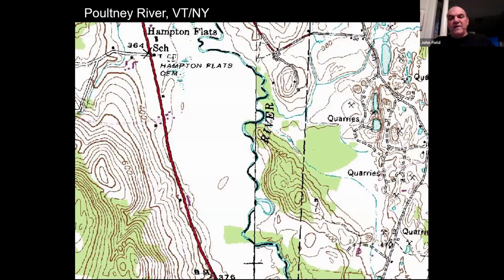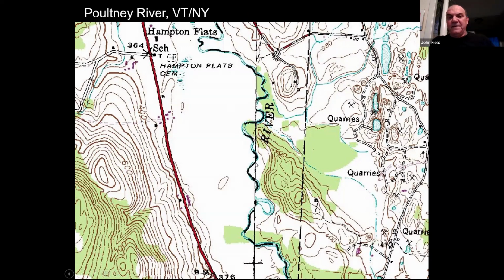Some rivers that were straightened have completely reformed their meanders, like the Pulteney River in Fairhaven, Vermont. You wouldn't know that this had been straightened other than the fact that the river is suspiciously up against the valley side. We would expect the river to naturally form anywhere across this very wide floodplain.